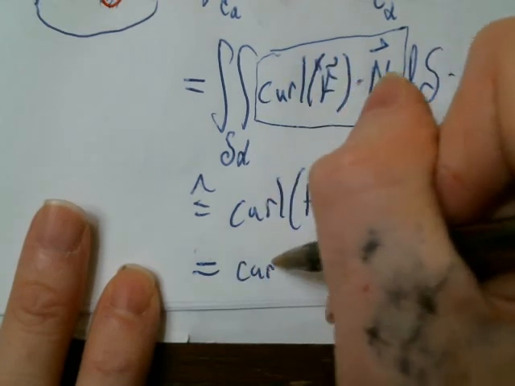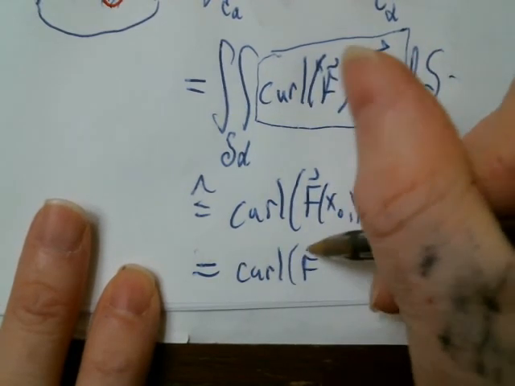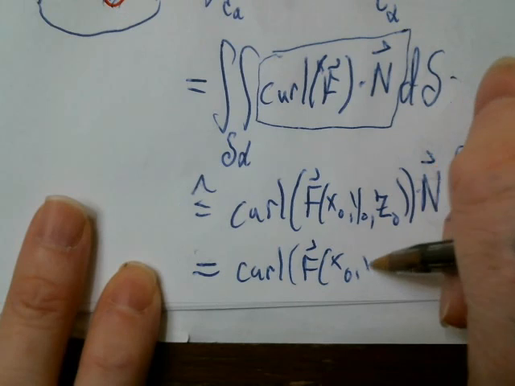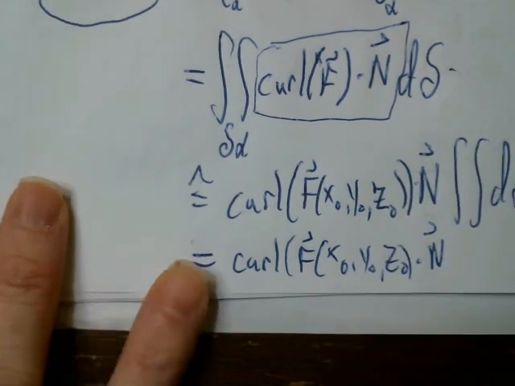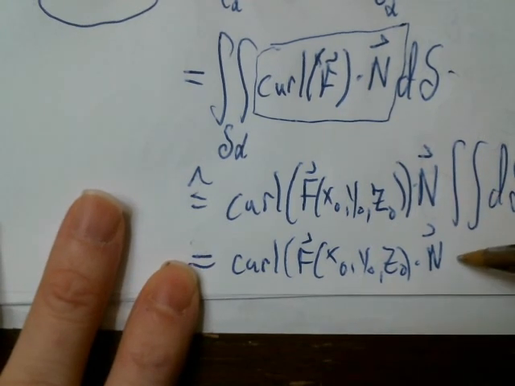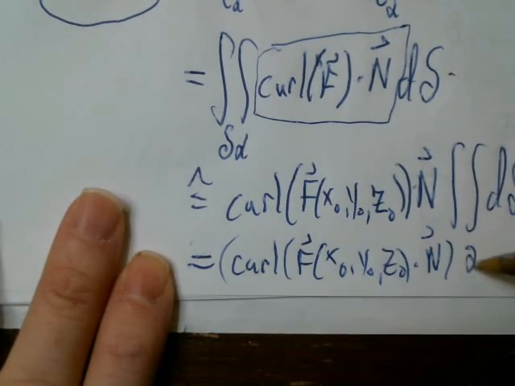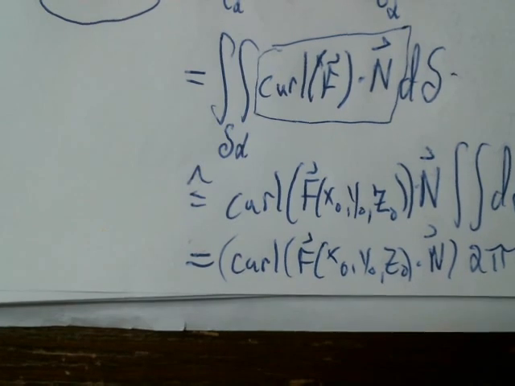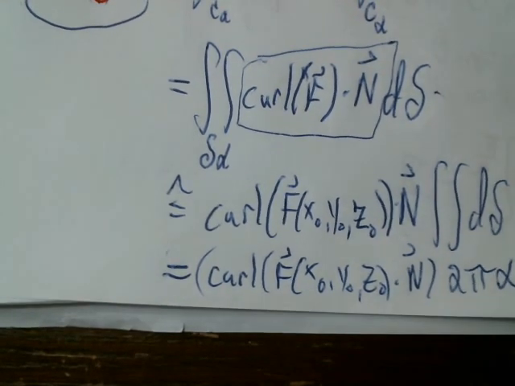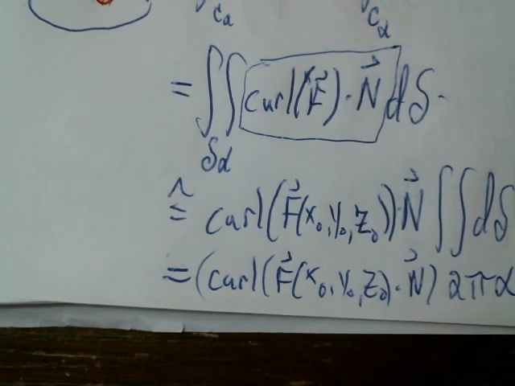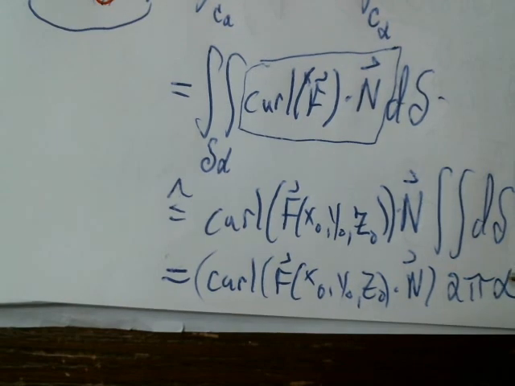So you'll have curl of f at this point, dotted with this unit normal vector at that point, times 2 times pi times alpha. Or is it area? Sorry. So yeah, crap. This should be area here, pi r squared.